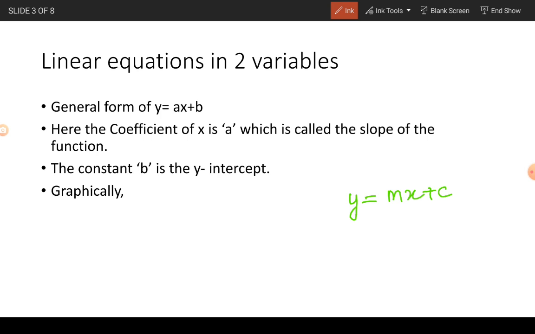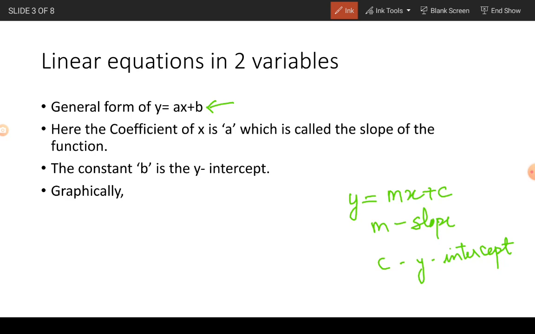If you're using this form mx plus c, then remember that slope is represented by m and the y-intercept is represented by c.